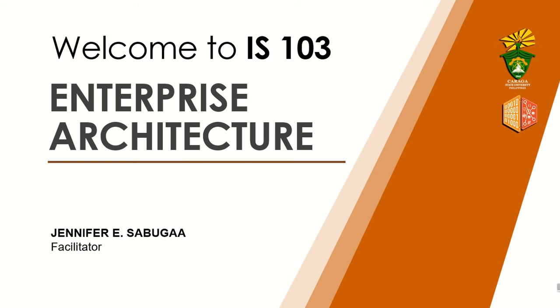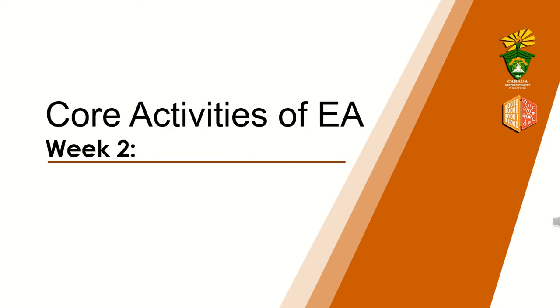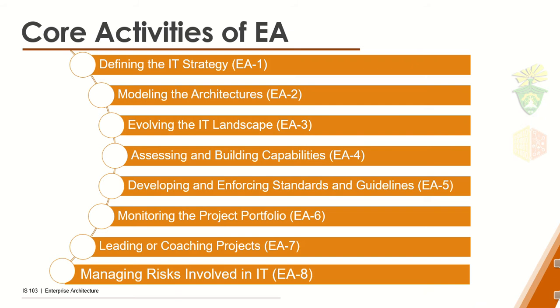In this video, we will discuss the core activities of enterprise architecture. To recap, we have these 8 core activities of enterprise architecture, starting off with defining the IT strategy down to managing risk involved in IT.